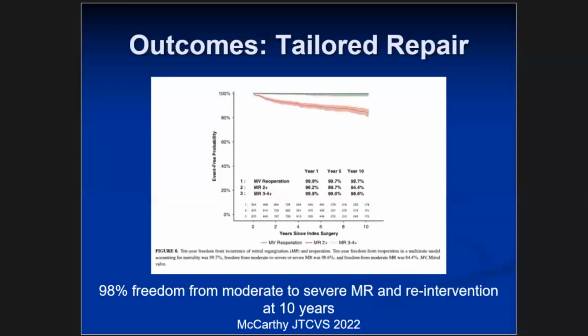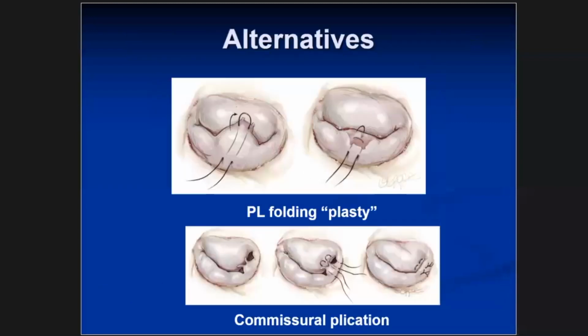He was able to achieve that in the vast majority of patients, and if you look at his data over a 10-year course, the freedom from moderate to severe mitral regurgitation and intervention exceeds 98%. So this is a very durable, reproducible approach to the posterior leaflet.